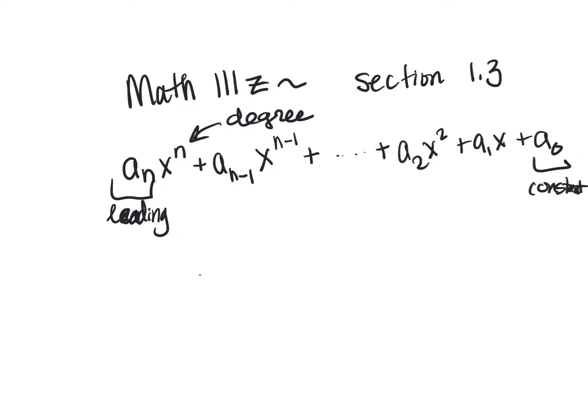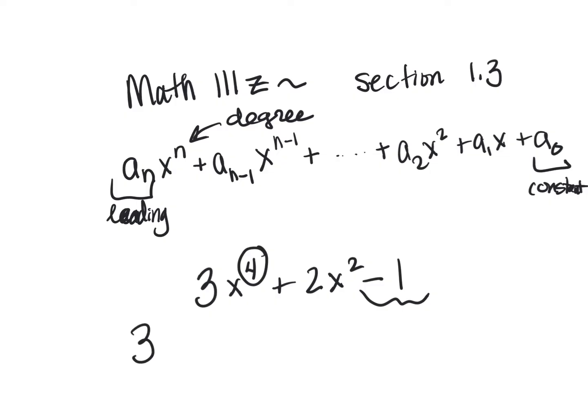So for example, if I had something like this, this would have a leading coefficient of 3, a constant term of -1, and a degree of 4. Now, there is a cubic term and a linear term, but their coefficients are 0.